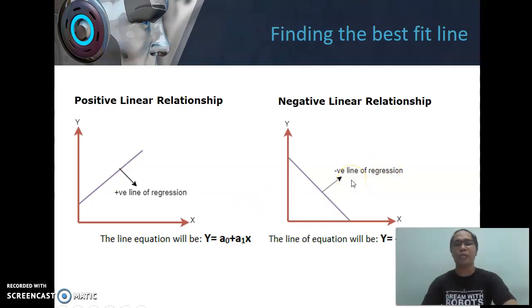When we say negative, if the variable on the y-axis decreases while the variable on the x-axis increases, such a relationship is called a negative linear relationship.